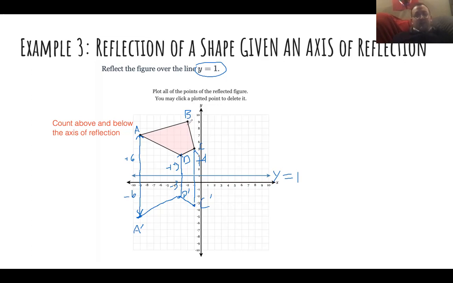And if you are super visual, one thing that you could do is take advantage of that and figure out where that B prime is going to be. But if you're not, you could just count the units. So I have 1, 2, 3, 4, 5, 6, 7, 8. So I'm going to go 8 below. And we are right there.